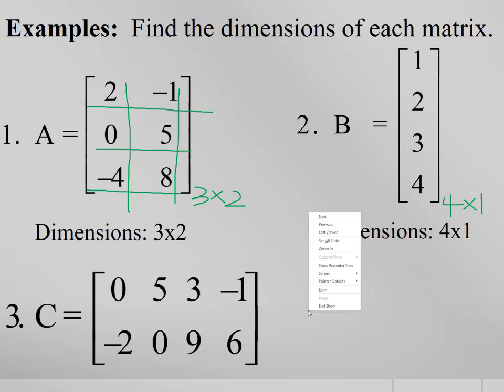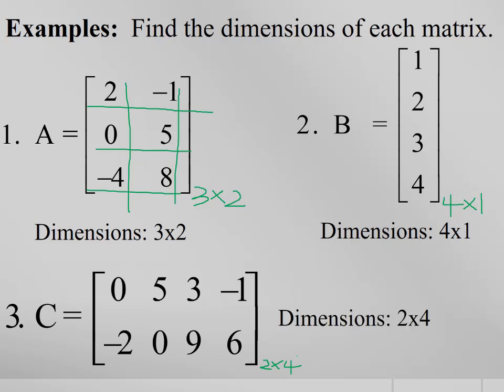The third matrix: how many rows here? We have 2 rows. How many columns? 4 columns, so we have 2 by 4, that's the dimension.